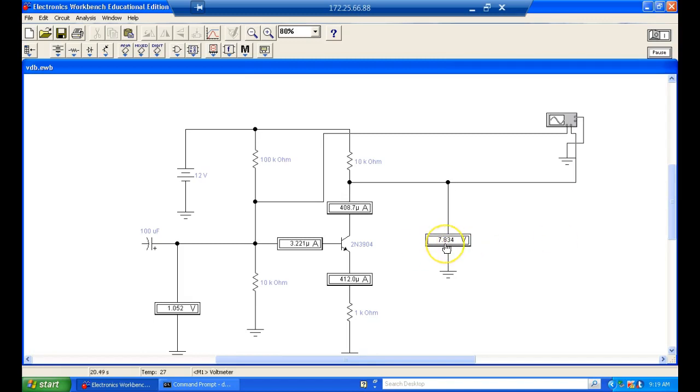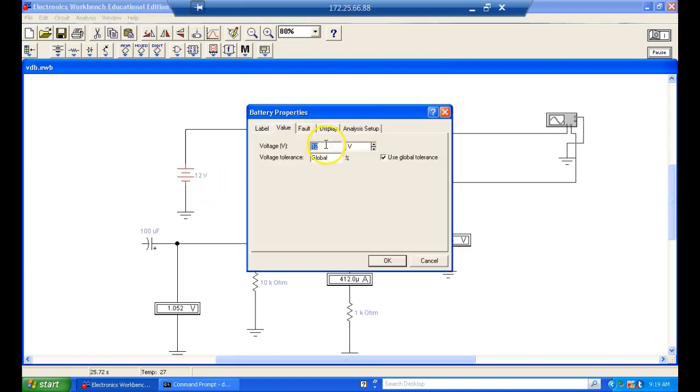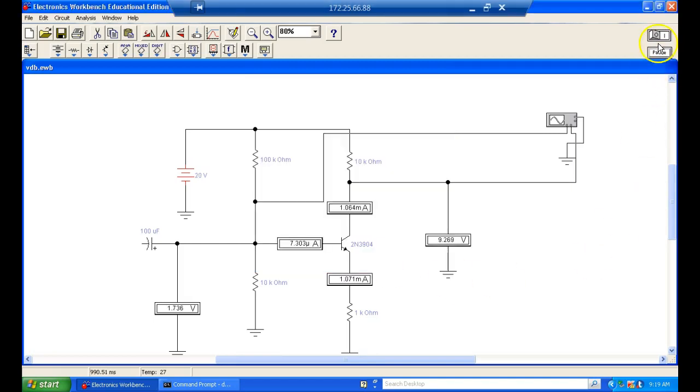This was supposed to be 9 volts, right? Okay, the voltage is wrong. There we go, thank you. One little minor change.